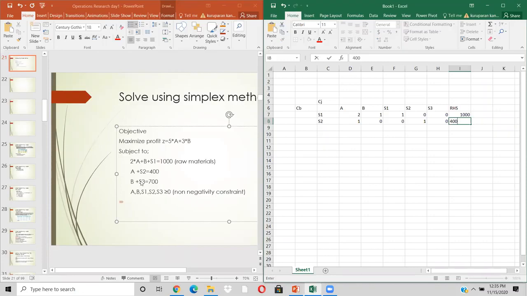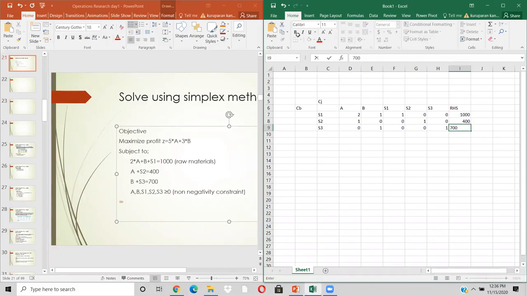Similarly, next constraint will be where S3 will be basic. How many A's? Zero. How many B in the third constraint? 1. How many S1? 0. How many S2? 0. How many S3s? 1. What is the RHS? 700.